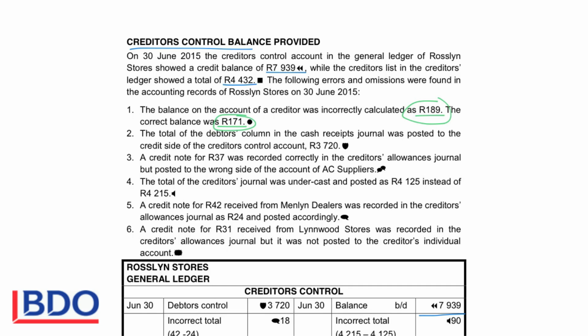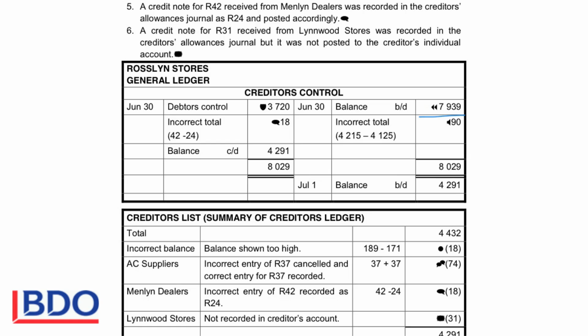So in our creditors list, the total is too high and we will have to reduce it. Therefore, we will show in the creditors list that this balance was too high.